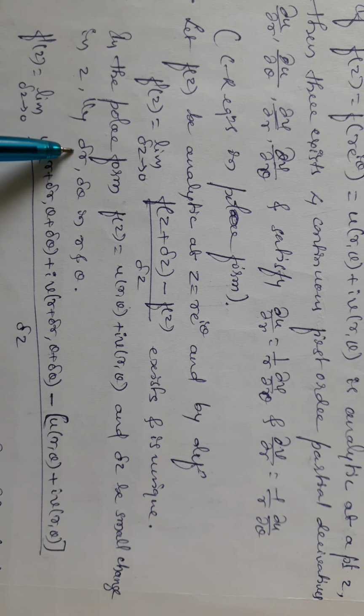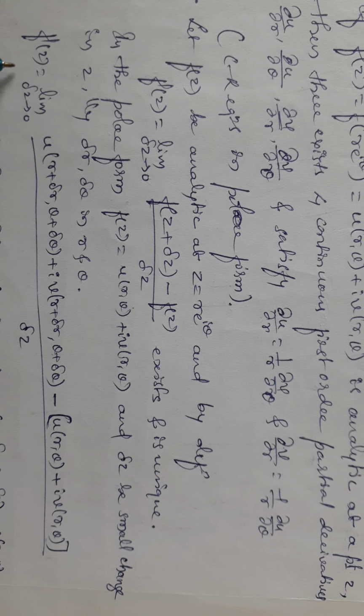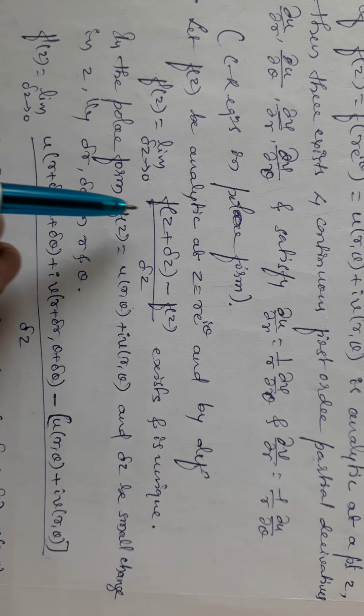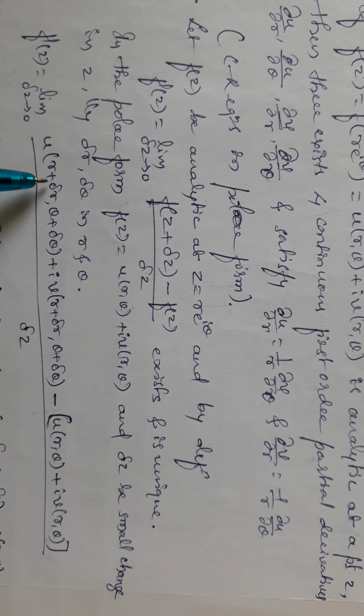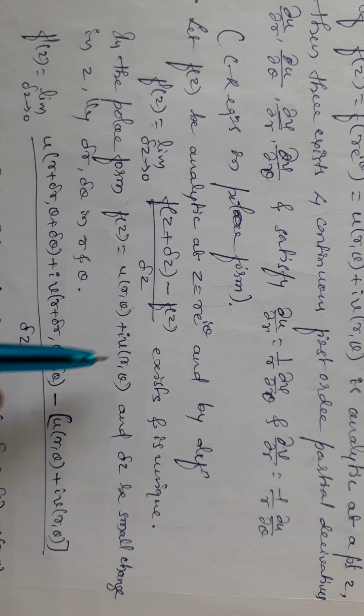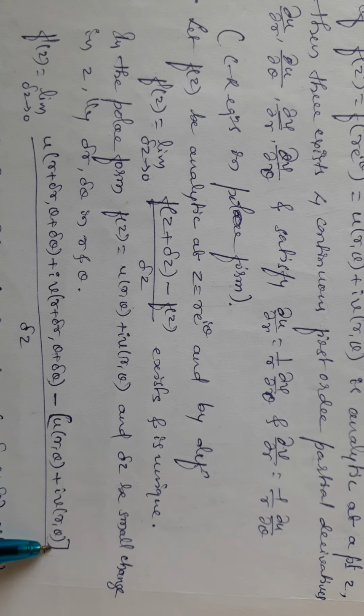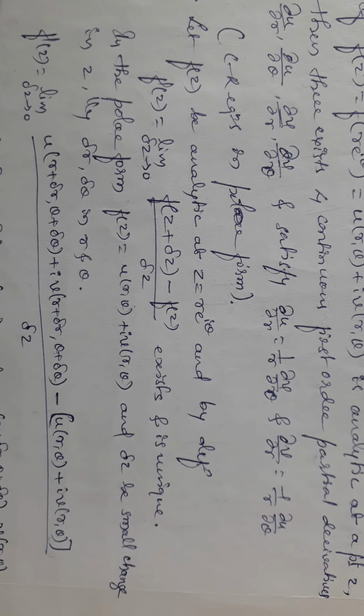Similarly, we can take delta r and delta theta as small changes in r and theta. Therefore, the above equation becomes f dash of z equal to limit delta z tending to 0, of f of z plus delta z, that is u of r plus delta r comma theta plus delta theta plus i into v of r plus delta r comma theta plus delta theta, minus f of z, which is u of r theta plus i into v of r theta, divided by delta z.